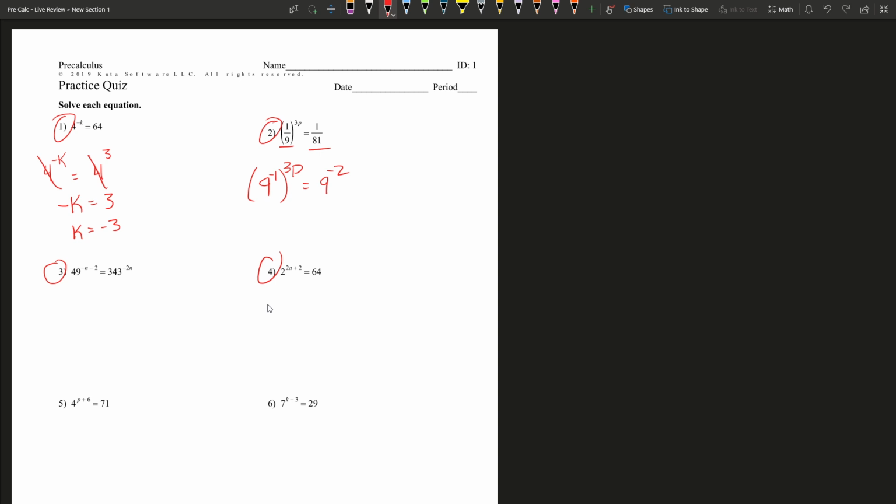Then we have to simplify those exponents. All right, so when we have a power of a power, we're multiplying. So this left-hand side becomes 9 to the negative 3p. And then the right-hand side stays the same.